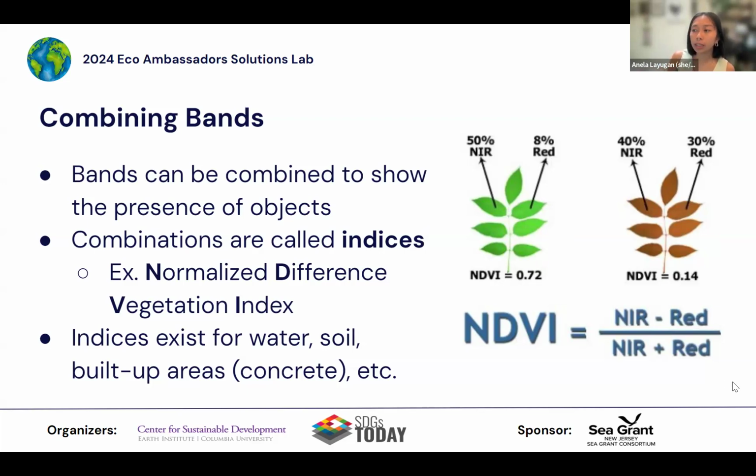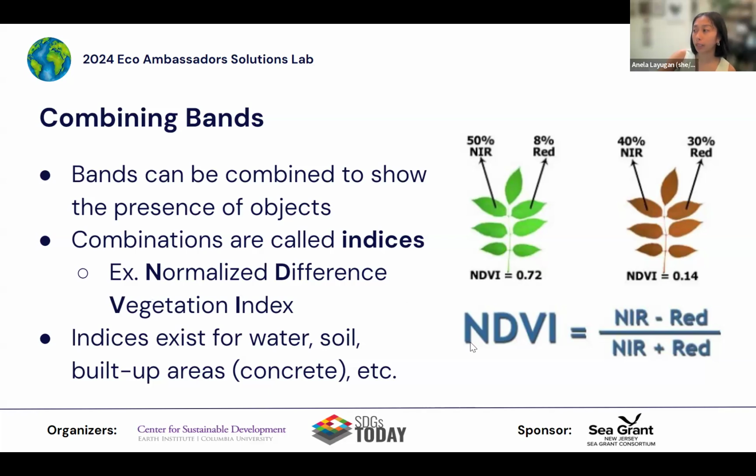These indices exist for a lot of different things. They exist for water, for soil, for built up areas. The most important thing to know is how to read them. It's really nice that they have the objects they're trying to show in the name.